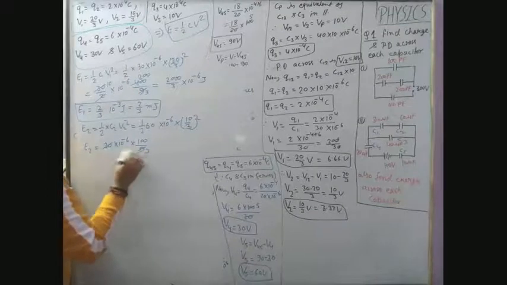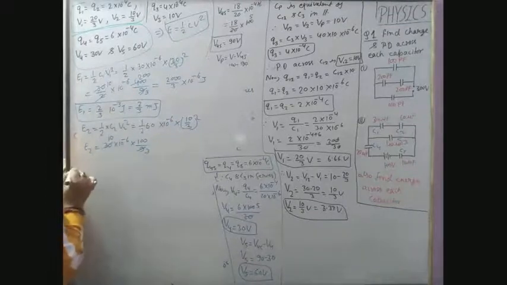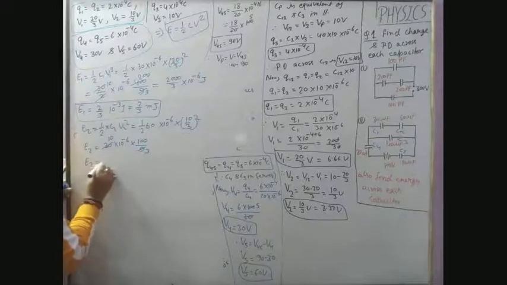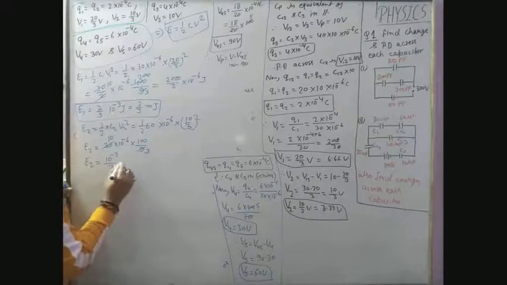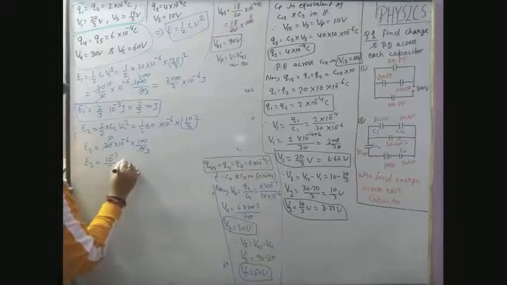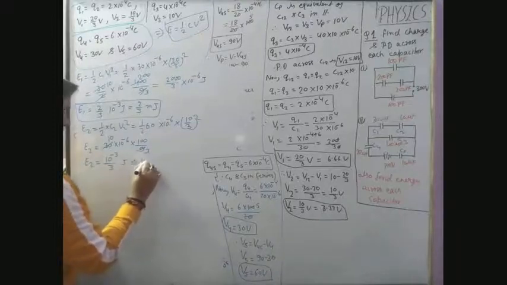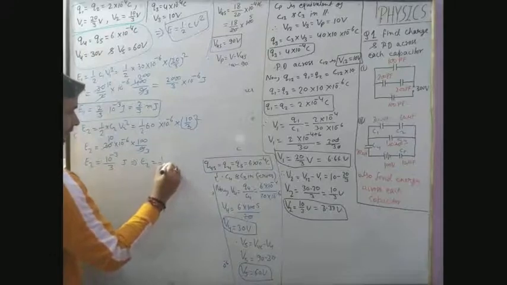This cancels by 3 times. So E2 is equal to 10 to the power minus 3 upon 3 joule, which means E2 is equal to 1 by 3 millijoule.